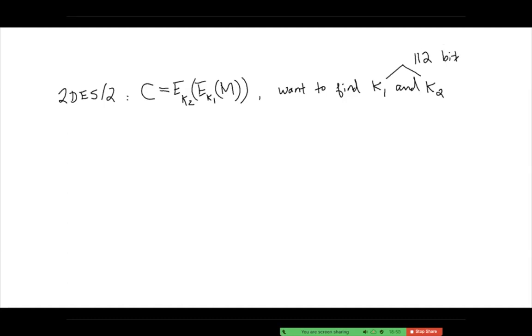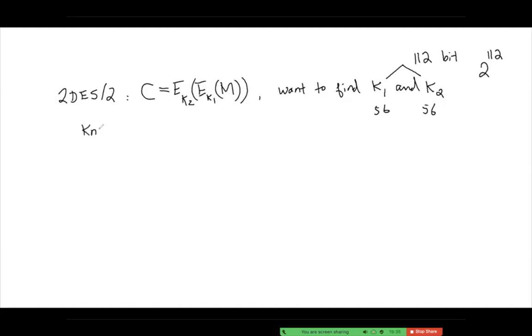So if you do brute force, in the worst case, hopefully you have to do 2 to the 112 power different trials in order to get K1 and K2, right? So you get K1, that's 56 bits, and then you try another one that's 56 bits for K2, and then using these two and see whether you can break your system. So in other words, you have a known pair.